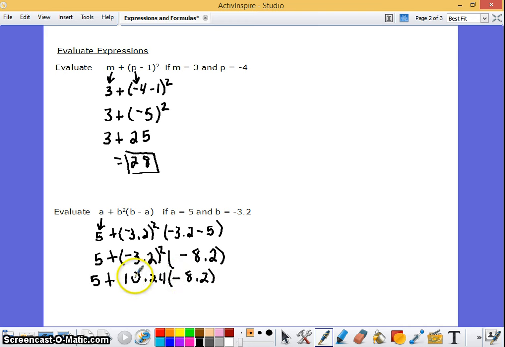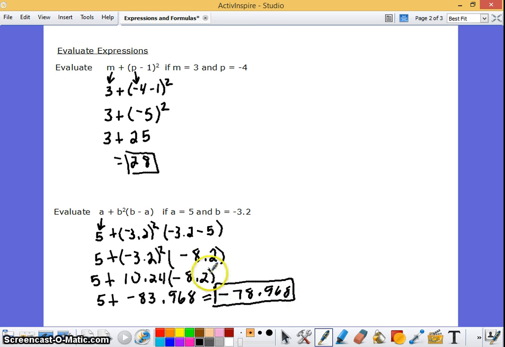Now we do the multiplying, so 10.24 times negative 8.2 puts us at 5 plus negative 83.968. Then you add those together and you get that it's negative 78.968.